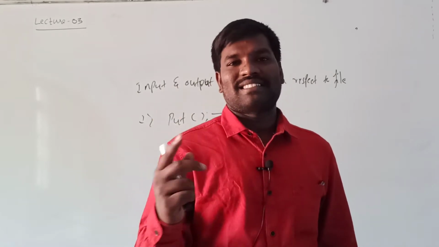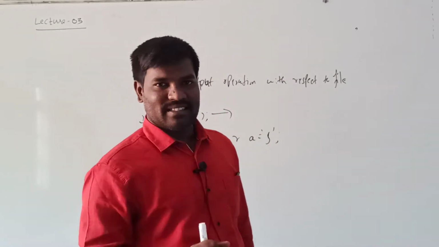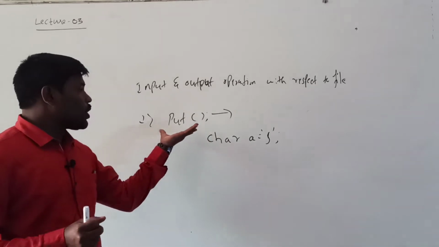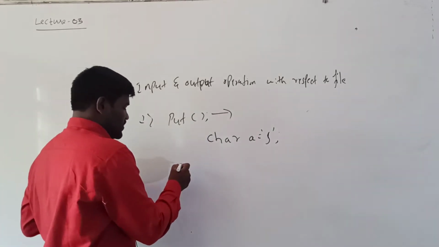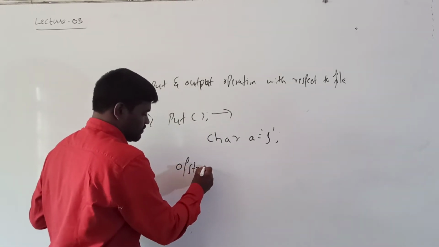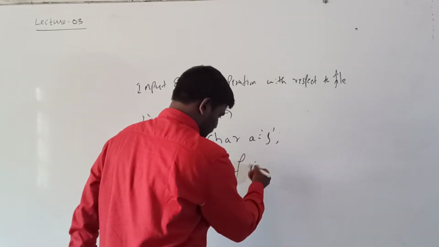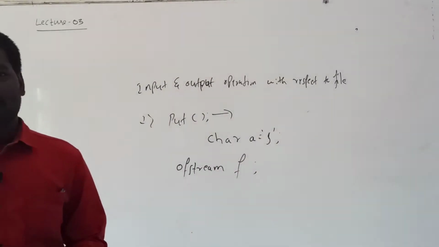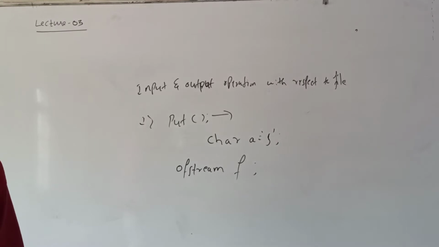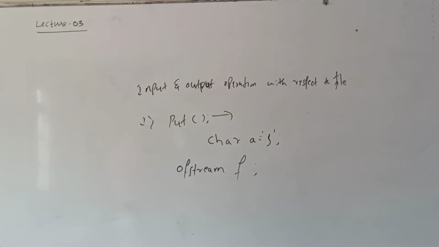So because put is an output function, I create ofstream f.